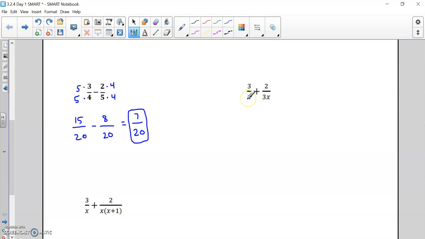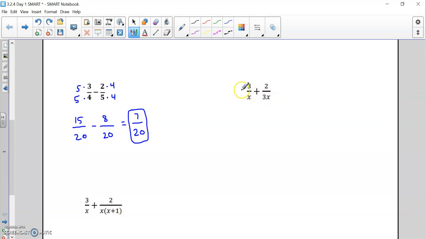So on to the next. There are many different scenarios when you're adding and subtracting fractions. So in this case, we don't have to change both the fractions like we did here, right? In this case, we have a denominator of x, and this fraction has a denominator of 3x. So really, since they both have something in common, we can get by with just changing this fraction and making it match this one.